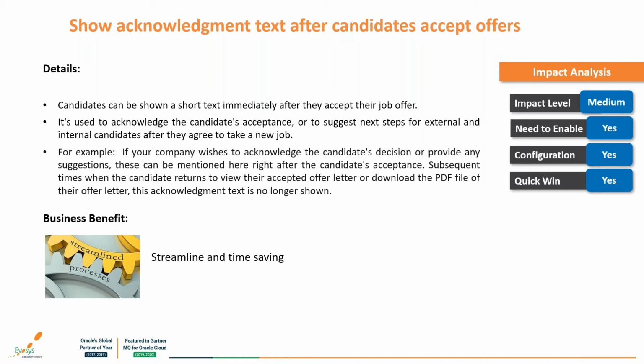So yes, this is a very interesting feature and useful from a business perspective as well, because it will make the process user friendly, because now the candidate can be shown a short text immediately after they accept their job offer. So yes, this is very interesting.